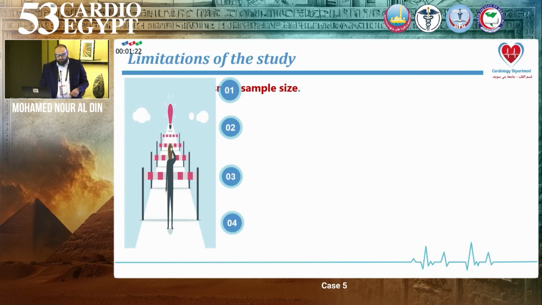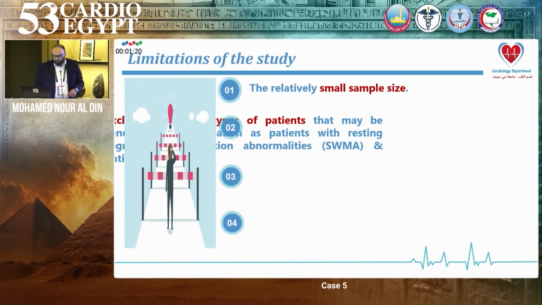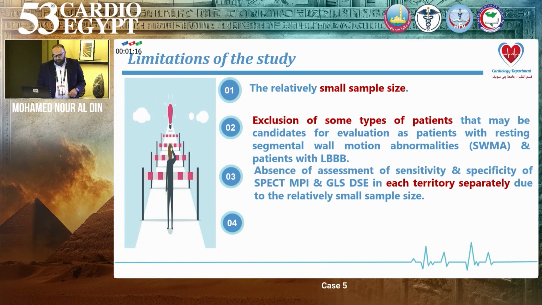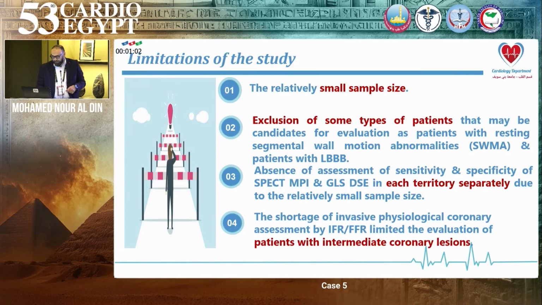The study was limited by the small sample size and exclusion of some types of patients, and we have no assessment of sensitivity and specificity for each territory, because some territories have better sensitivities in the literature than other territories for this assessment.